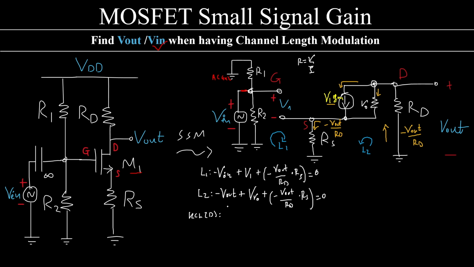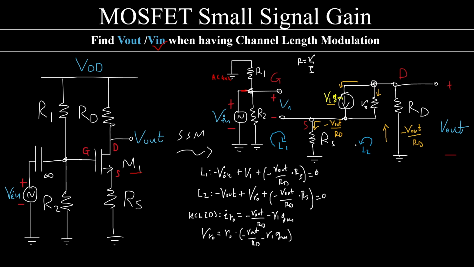Well, this is very simple. The current that flows from here to here is going to be this current minus this current. Therefore, this VRO can be expressed as RO times this.